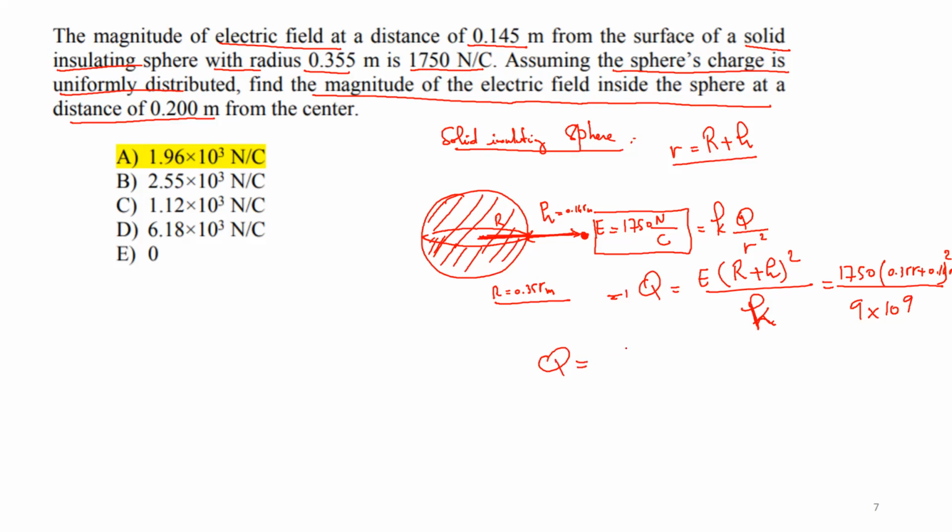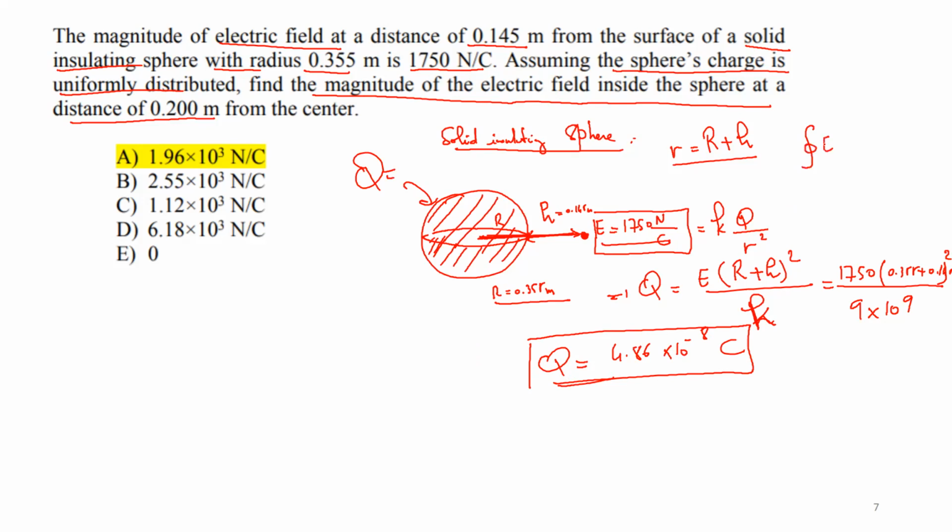The total charge is just 4.86 times 10 to the power minus 8 coulomb. So the total charge here is this number, and it's uniformly distributed. Now I know the charge from the electric field by applying Gauss's law. Gauss's law here will give me the integral of E dot dA, which is charge enclosed divided by epsilon naught.